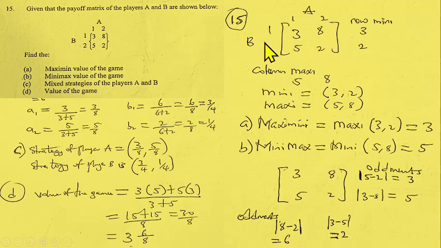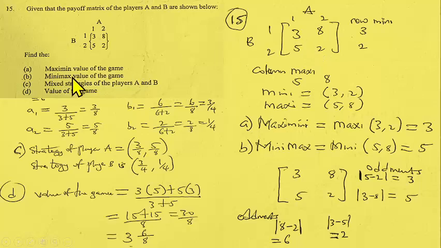Now when it comes to game theory, this is the matrix that represents the game, and the first thing you have to find is the maximin. Maximin means maximum of the minimum of the game, and find the minimum of the maximum of the game.